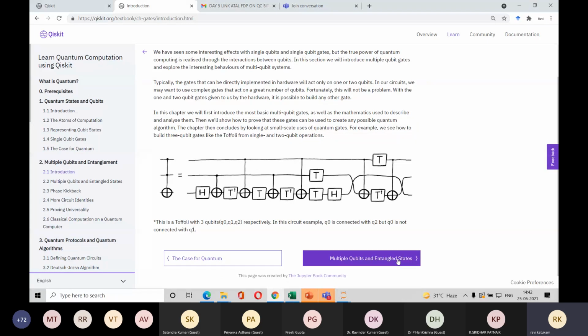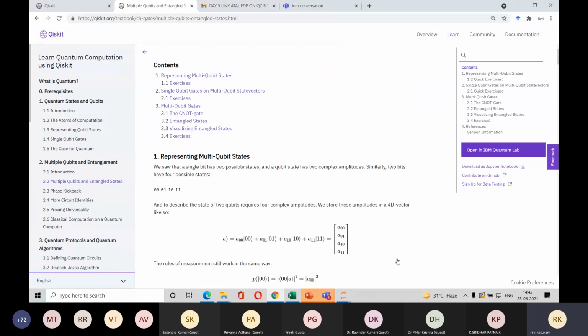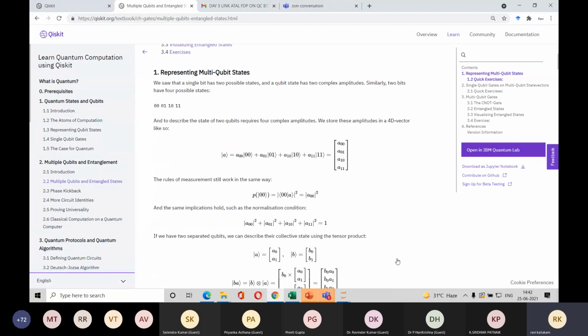Multi-qubit systems are important because a single qubit as such cannot help us solve real life problems. On a single qubit you can only achieve a superposition state. Mathematically, if I take a 2-qubit system, it has a probability of finding it in 00. You have a vector of amplitudes a00, a01, a10, a11.